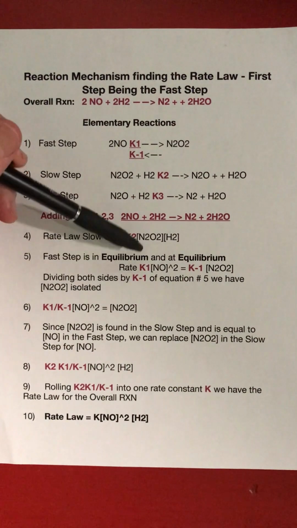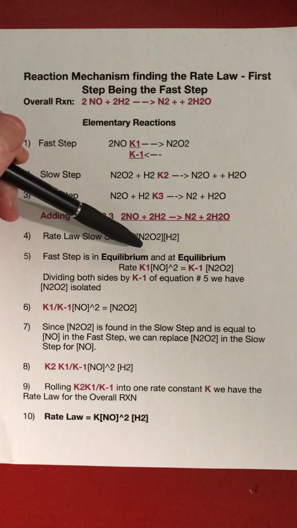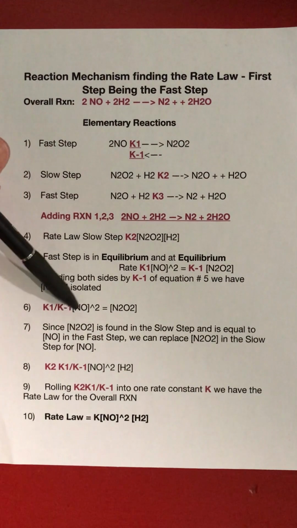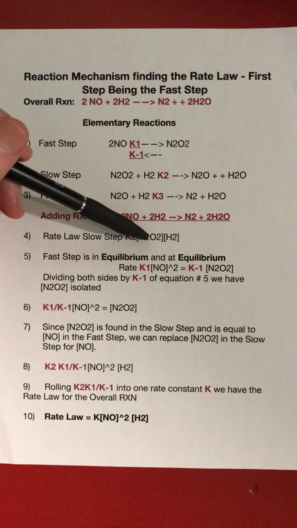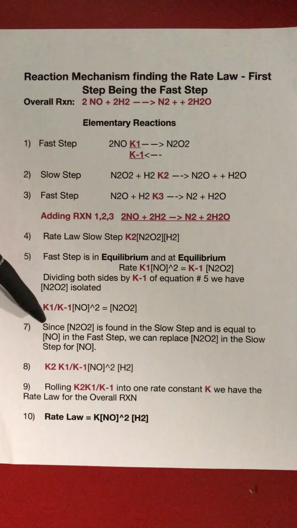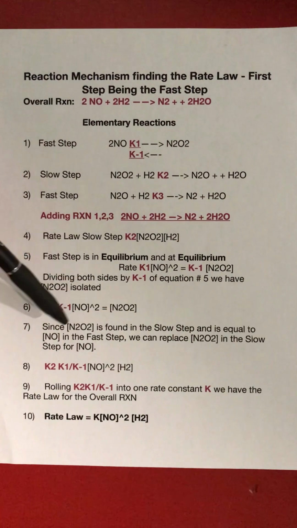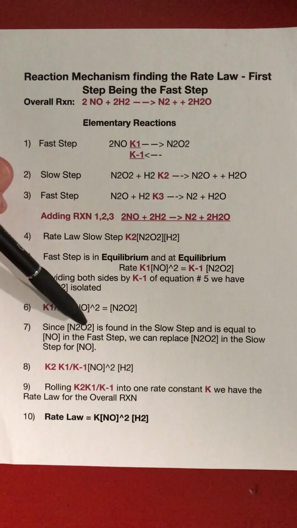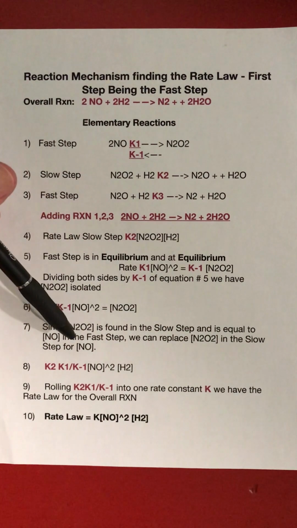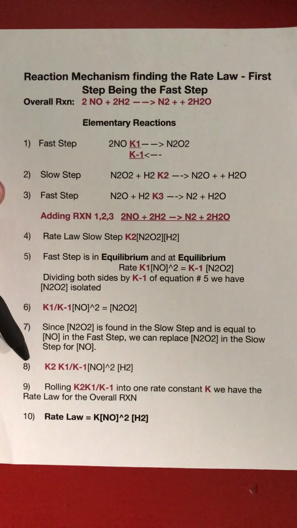Since N2O2 is equal in both positions, fast step and the slow step, we can slip this in easily into this position with these rate constants. So number 7, since the concentration of N2O2 is found in the slow step and is equal to NO in the fast step, we can replace the concentration of N2O2 in the slow step with the concentration of NO. So that's what we did in number 8.